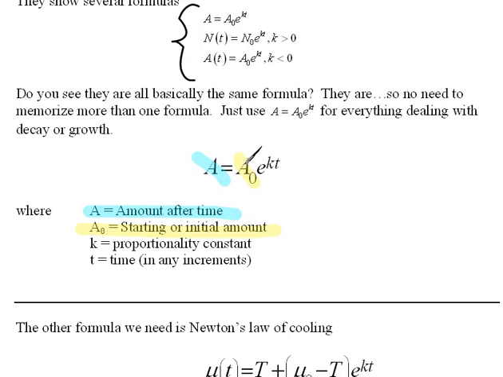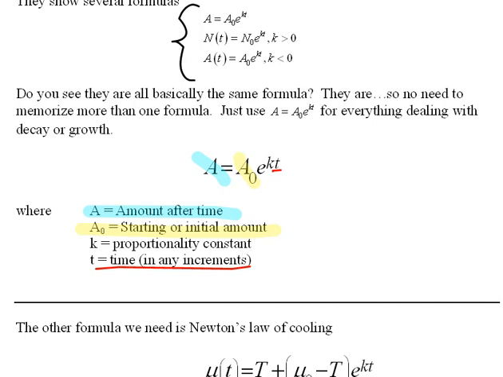So no matter whether we use A's or N's or function notation, this is still a starting amount of items and an ending amount. That's what those positions represent. Now, t is your time, of course, and that can be in any increments at all. If we're talking about days, then we assume it to be days. If we're talking about minutes, we assume it to be minutes. It can take on any time frame that it wants to.